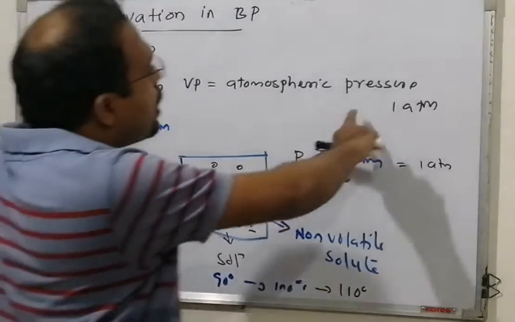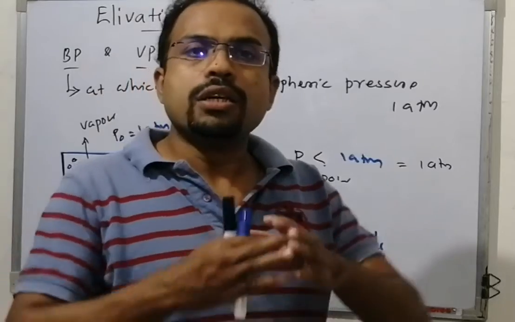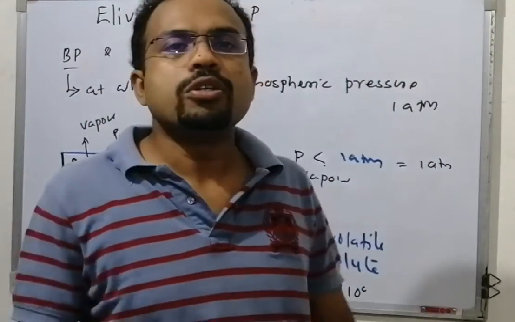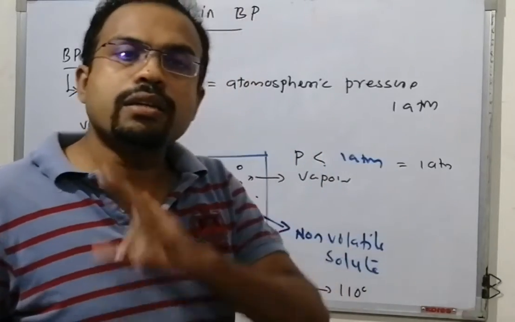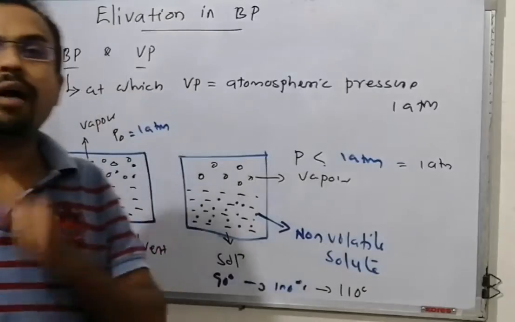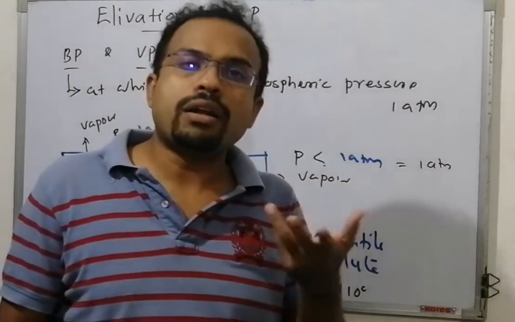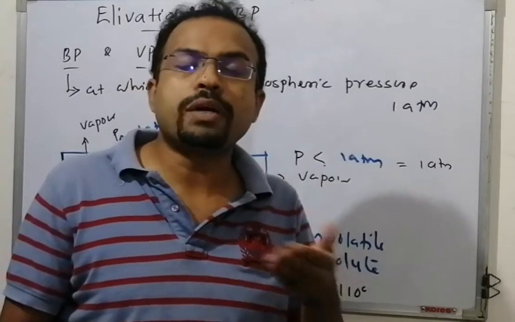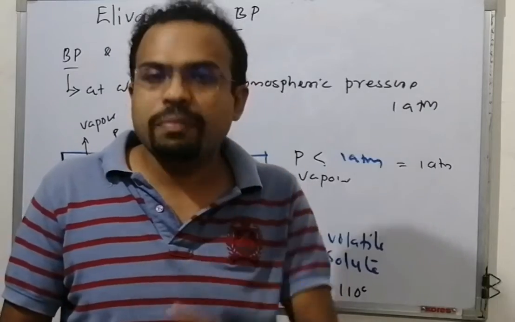Now, if you decrease the atmospheric pressure, say to 0.5 atm, you can do that: remove the air from the room and seal the room. The atmospheric pressure will be less, so the bubbling or boiling will happen at a lower temperature. That is why an egg cannot be boiled at a mountain top: the atmospheric pressure is very low there, so water boils at a lower temperature.